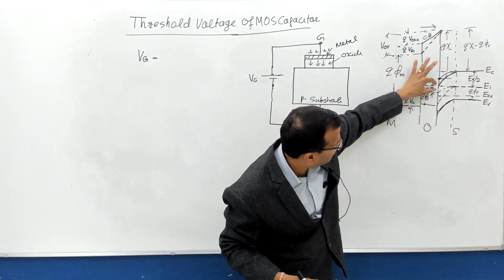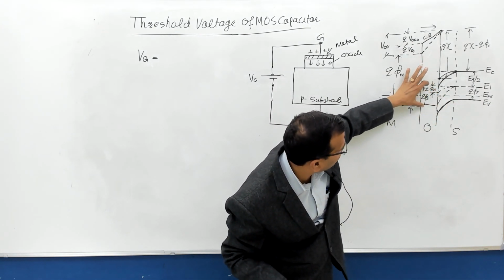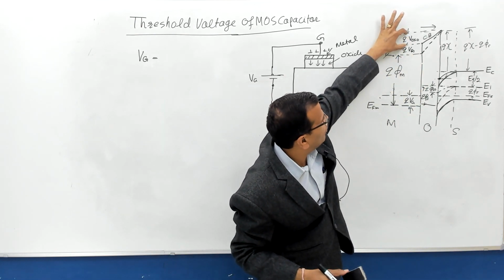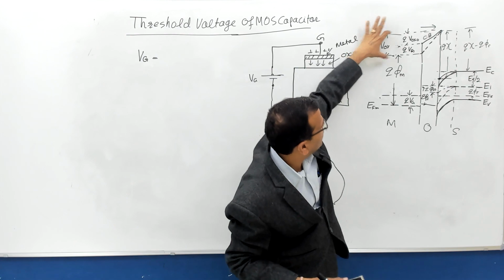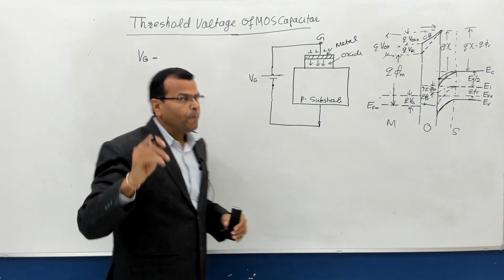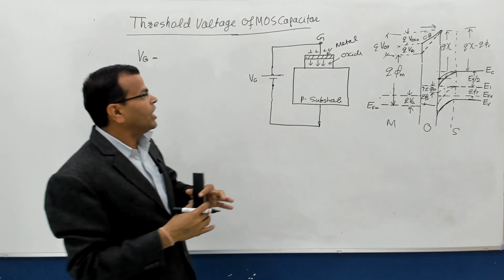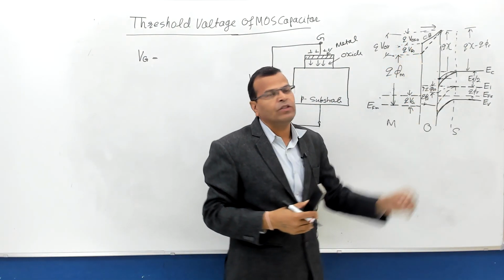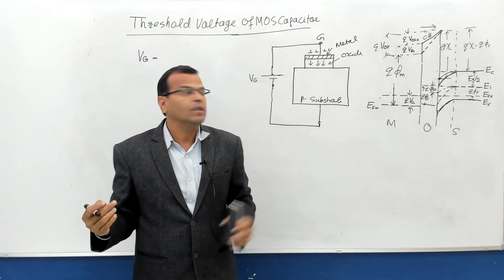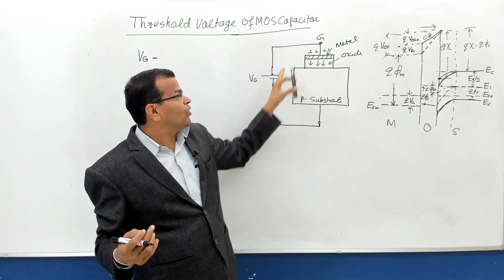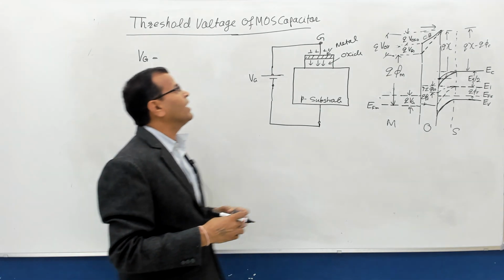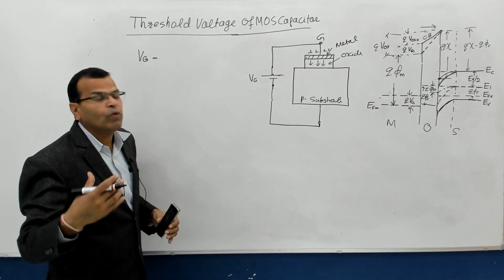And the potential, earlier it was Q phi S naught, now it has become Q phi S. Earlier the voltage across the oxide layer was V naught X naught, now it has become V naught X. So that change in this and change in this will result in the overall change in voltage, which is equal to the voltage applied.